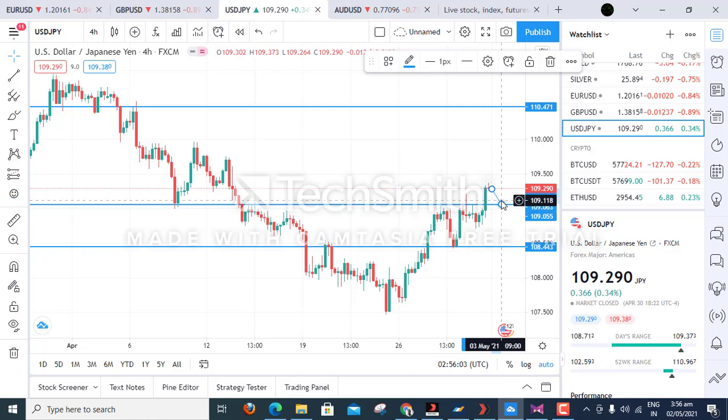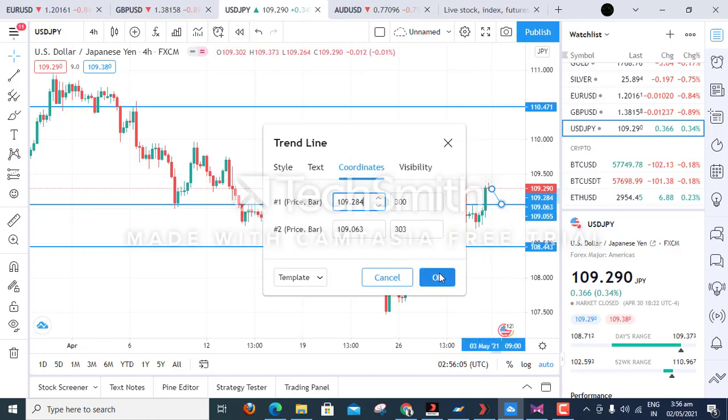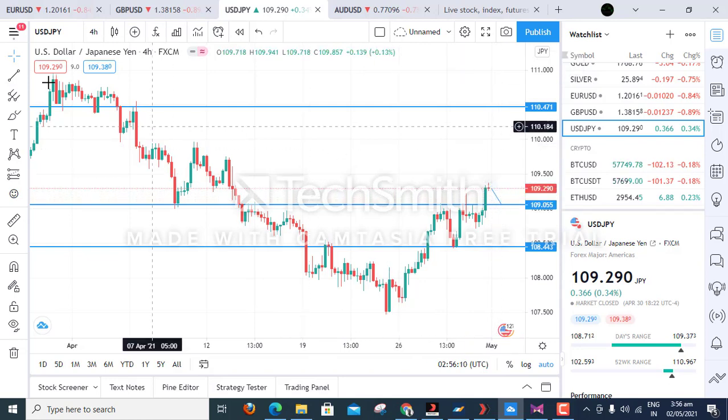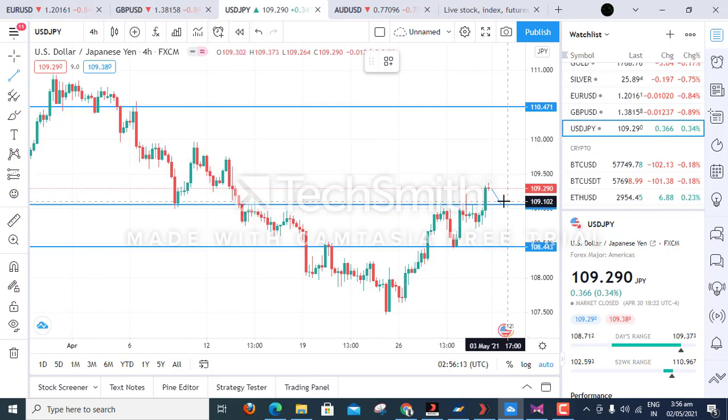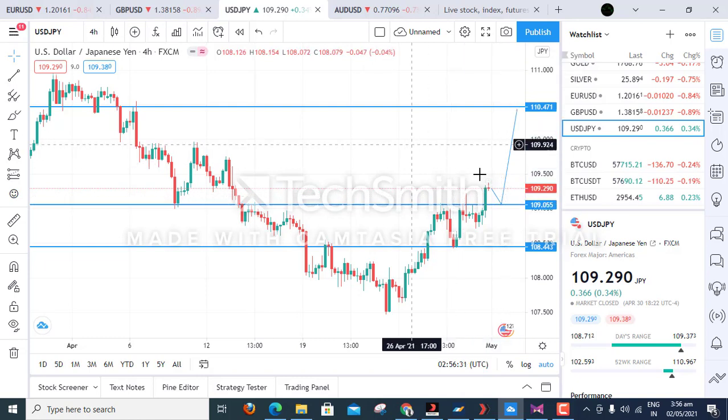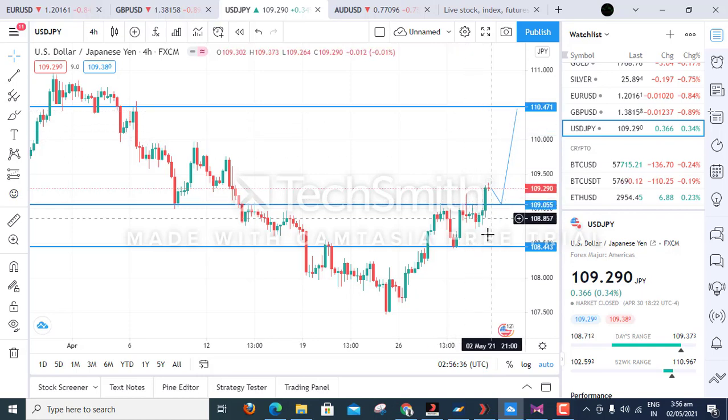Price gets here, then from there rejected, and from there moves here. That's my projection. Price gets here, rejected at this level, and I'm moving. This is my entry level, this is my TP, and this is going to be my stop loss.